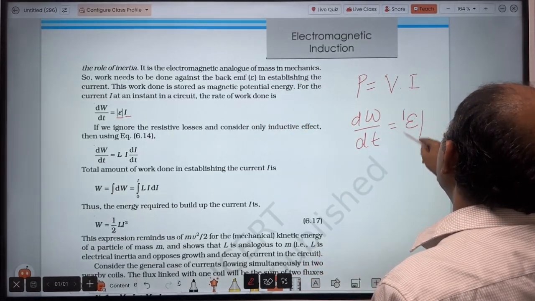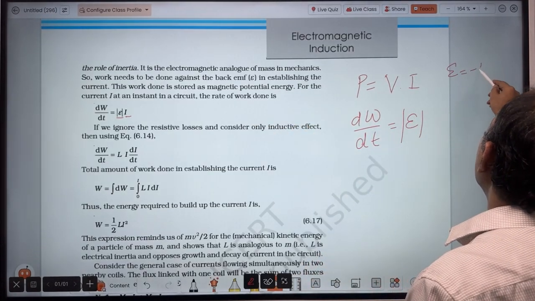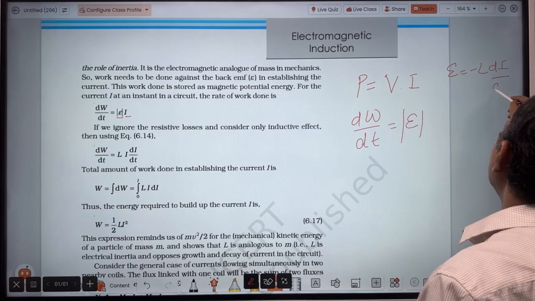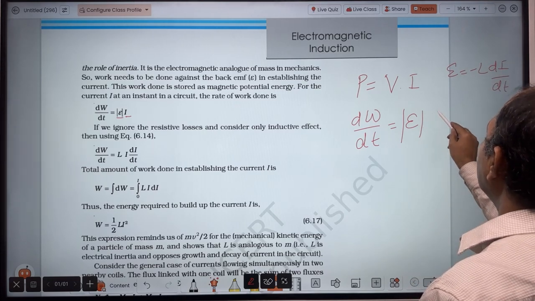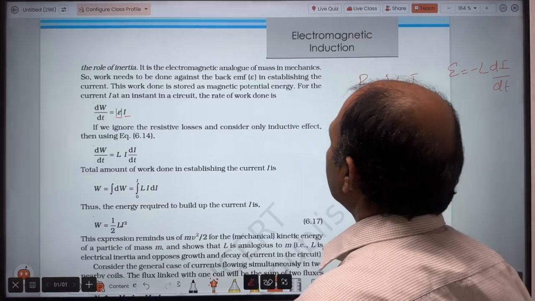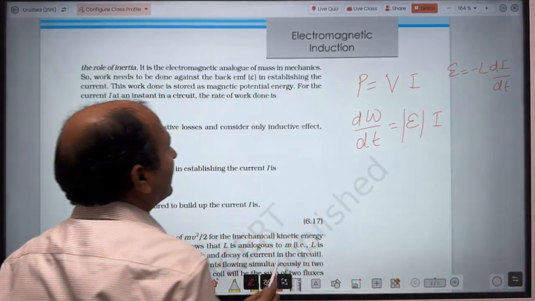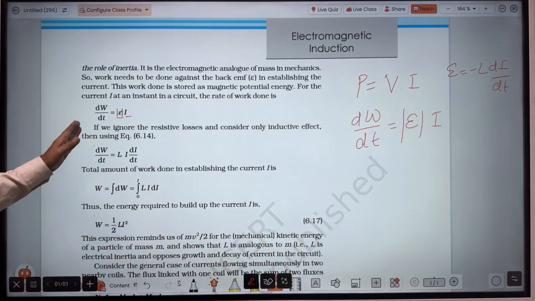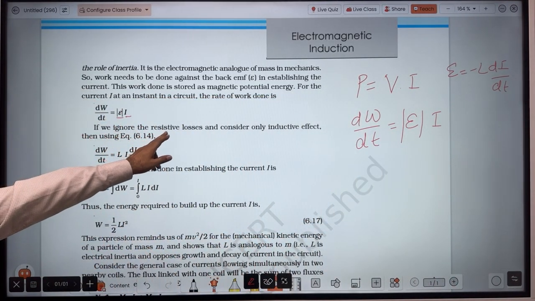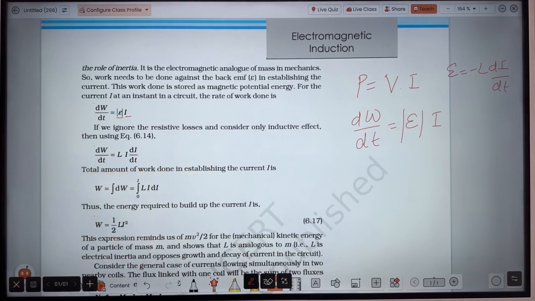Here the modulus tells that since E is minus L di by dt, here we are taking its modulus value, EI, right? So suppose we want to find out energy, then we can further do it. So if we ignore the resistive losses and consider only the inductive effect, then what can we write? In place of E, E is L di by dt.